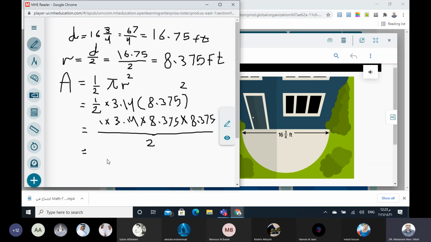You can calculate now. 3.14 times 8.375 times 8.375 is 220.2415625, divided by 2.